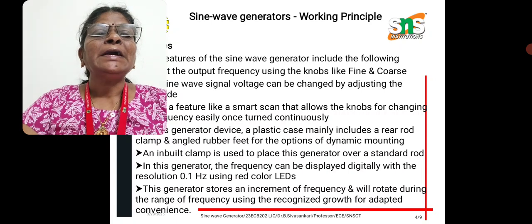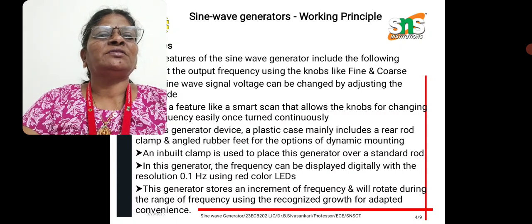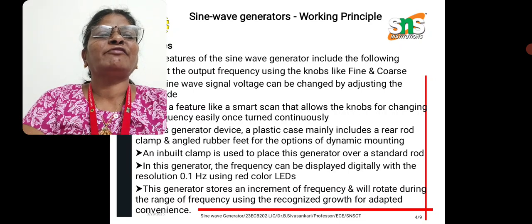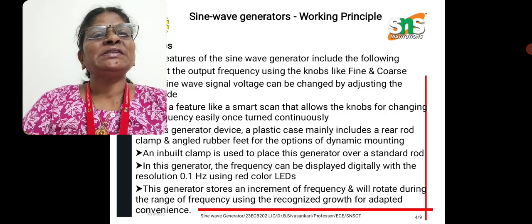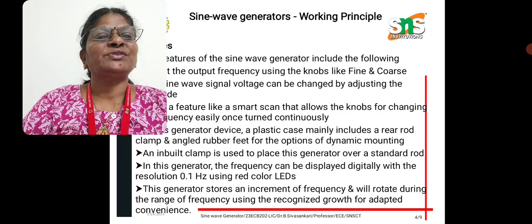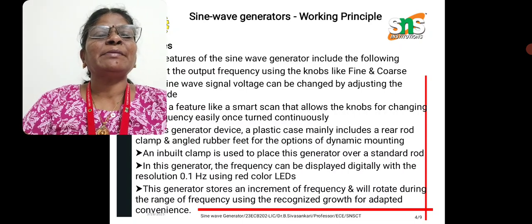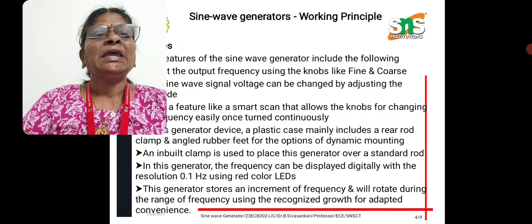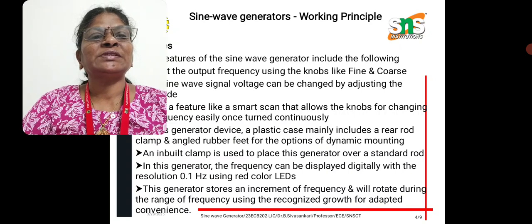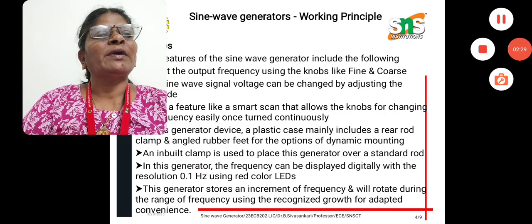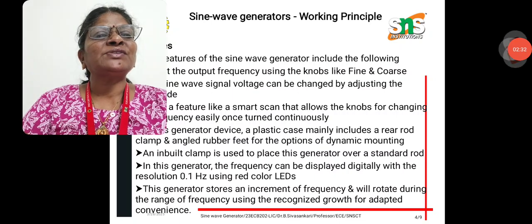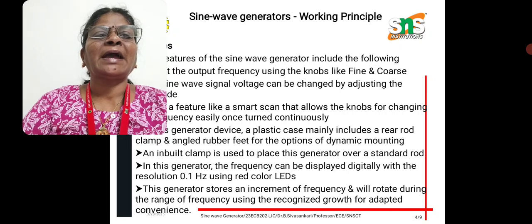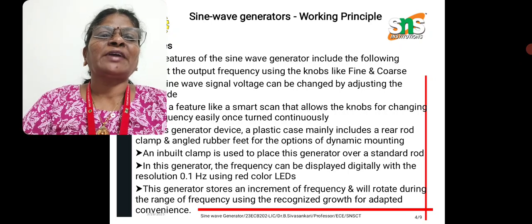Okay. So the features of the sine wave generator include the following: the output frequency can be set using knobs like fine and coarse. The sine wave signal voltage can be changed by adjusting the voltage, and it has a main feature like a smart scan that allows the knobs to change the frequency easily once turned continuously. The sine wave generator device, in a plastic case, mainly includes a rear rod clamp and angled rubber feet for dynamic mounting options.